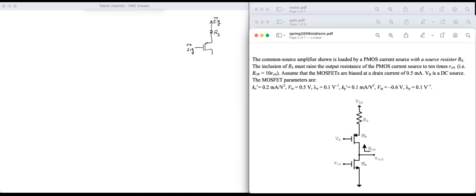And there's an ROP, arrow looking up. And a MOSFET, MN, MP, V in and V out.